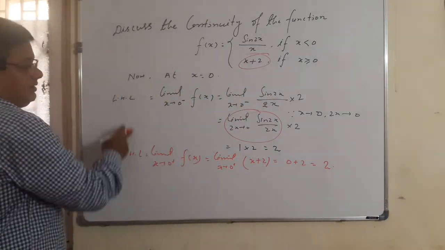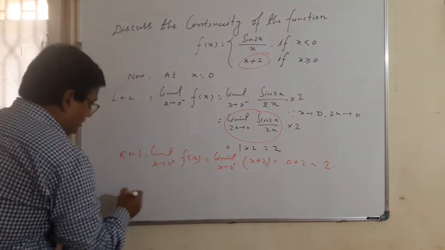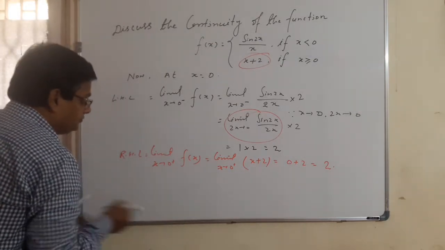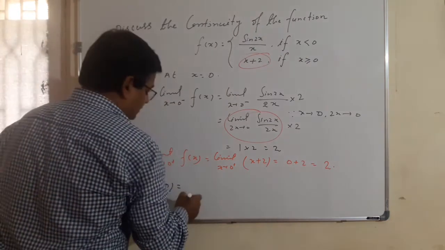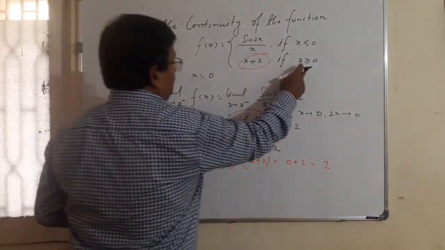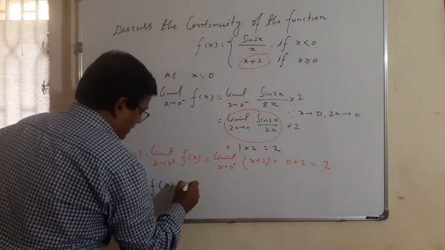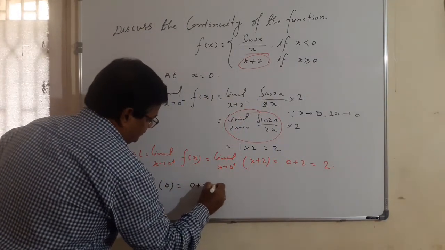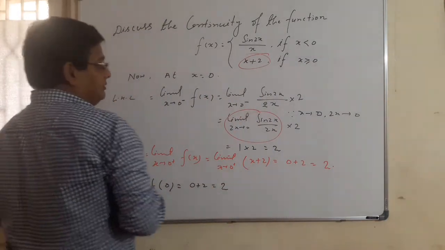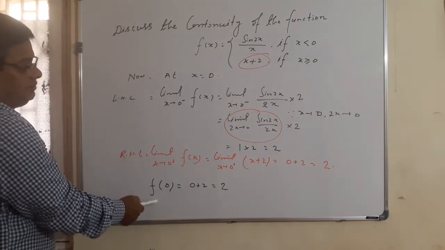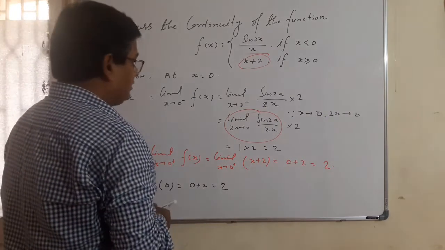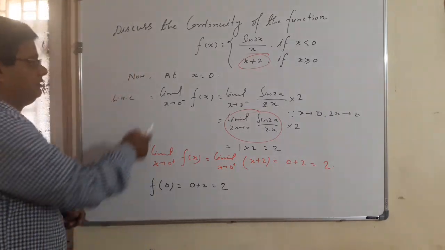So right hand limit and left hand limit both are equal. Now find out f(0). f(0) is equal to, here equal to sign is also there, so x plus 2 means 0 plus 2 equal to 2. It means your left hand limit is equal to right hand limit is equal to f(0). So the given function is continuous.